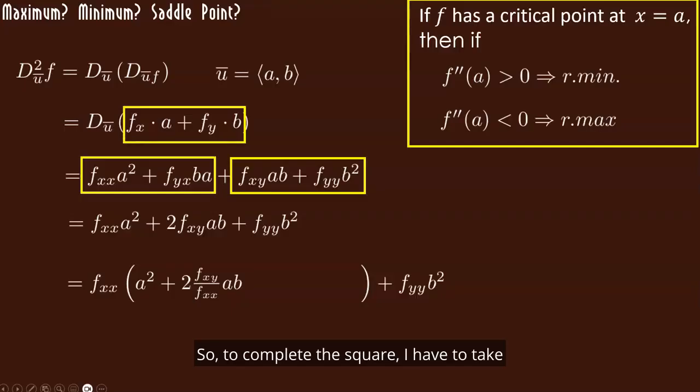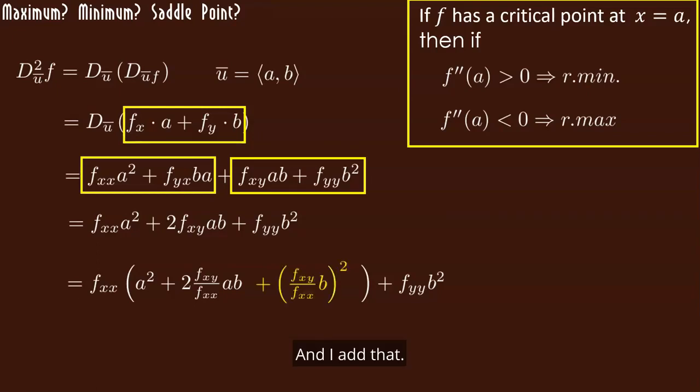So to complete the square, I have to take half of this 2 of fxy over fxx times b. So I get fxy over fxx times b. And then I have to square it, and I add that. But I can't just add any old thing. I need to subtract on the outside whatever I added on the inside. And this is a little tricky here.